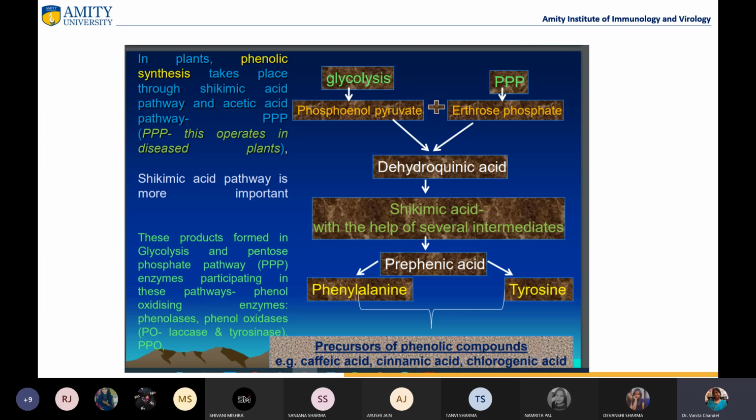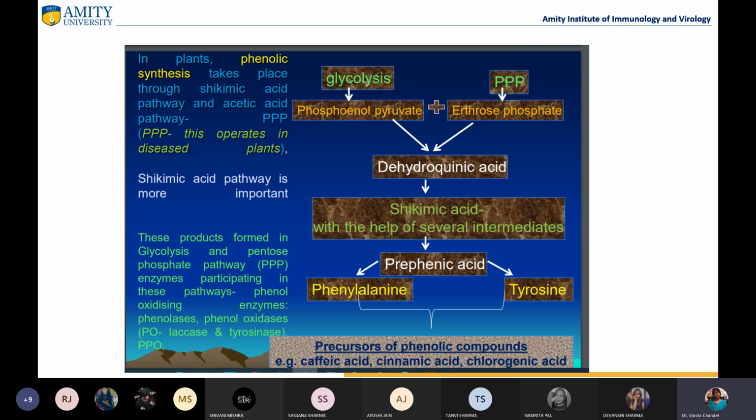So in plants, the phenolic synthesis takes place through the shikimic acid pathway and acetic acid pathways. Don't remember the pathways, because we are not going to discuss pathways in detail, right? We are mostly focusing on what kind of chemicals are being generated, or what kind of host responses will lead to generation of certain chemicals which will impact the pathogen.